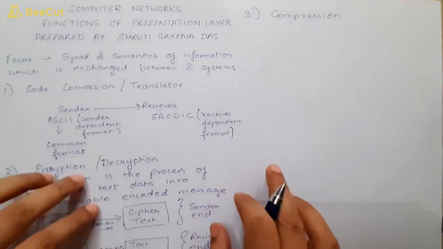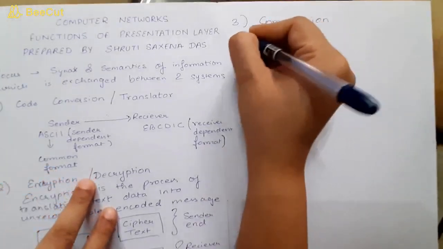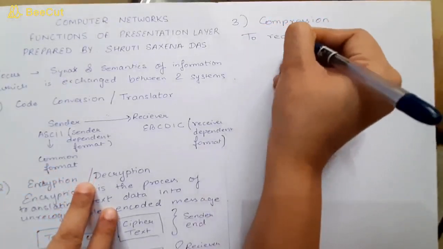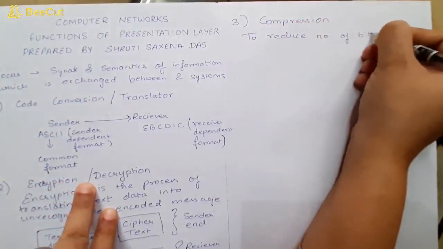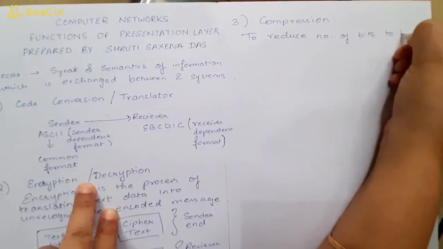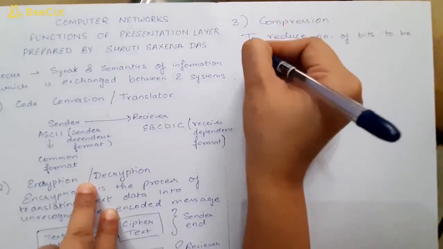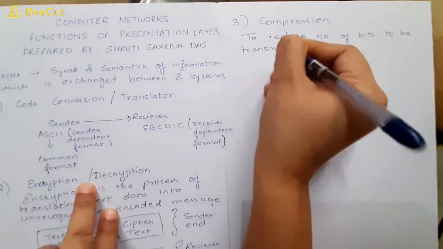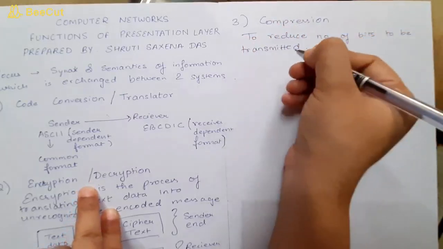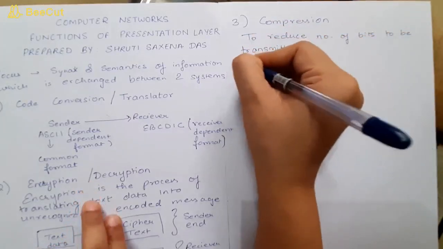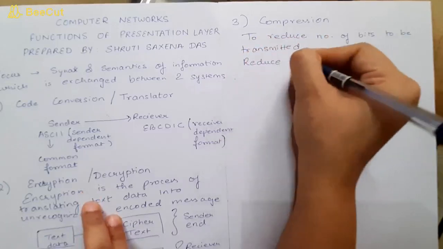Here compression means that you need to reduce the number of bits to be transmitted. By doing this, the storage space will be reduced.